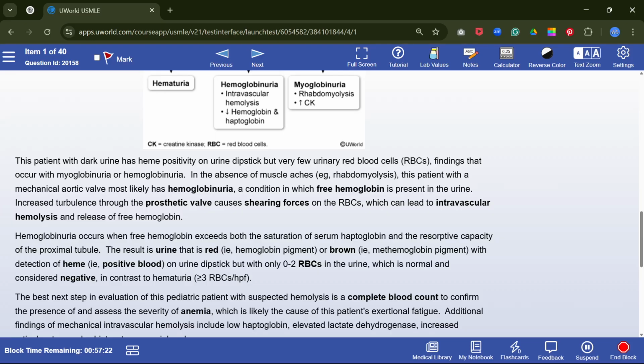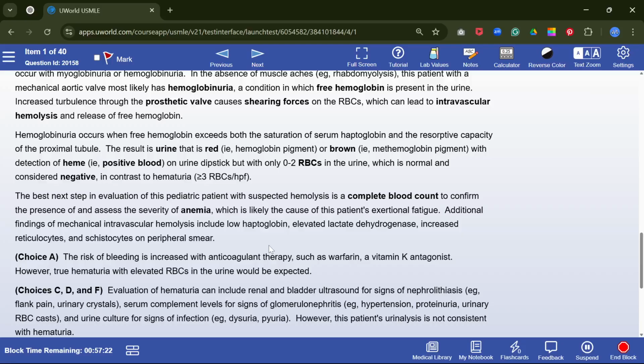The next step in evaluation of this patient with suspected hemolysis is a complete blood count to confirm the presence of and assess the severity of anemia, which is likely the cause of the patient's exertional fatigue.